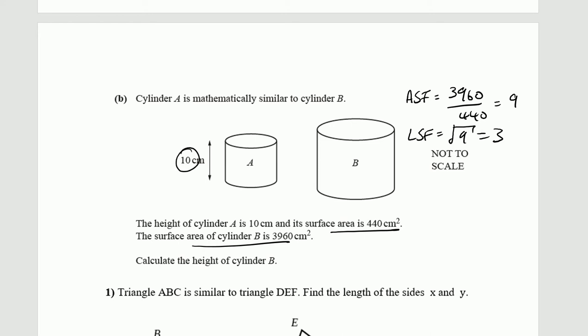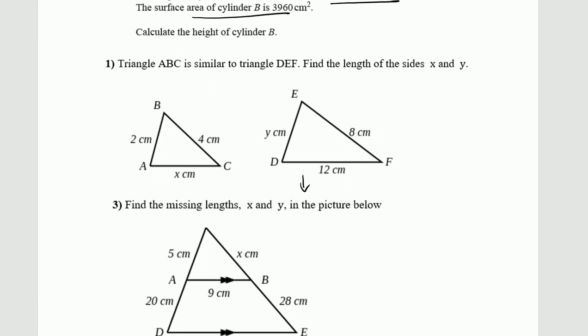Knowing the height of cylinder A is 10, and wanting the height of cylinder B, I just have to do 10 times 3, the length scale factor, getting 30 for the height of cylinder B.